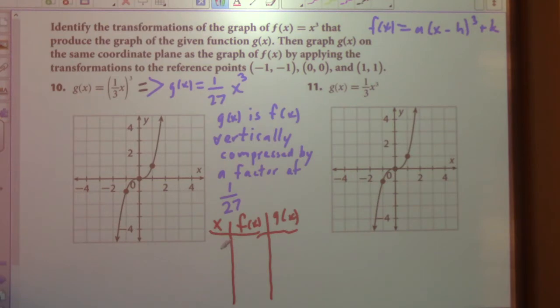If we have x here being -1, and f of x is going to be -1, right? And if we vertically compress this -1 by a factor of 1/27th, what's g of x going to be? -1 times 1/27th? Well, it's going to be negative 1/27th, yeah.